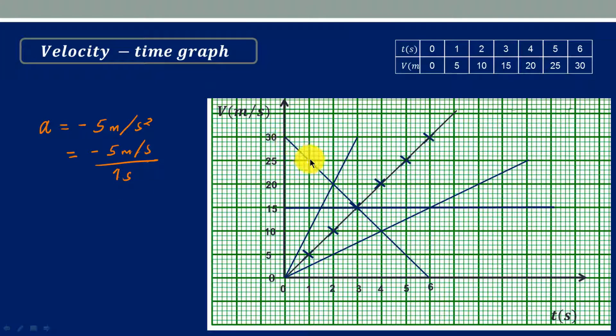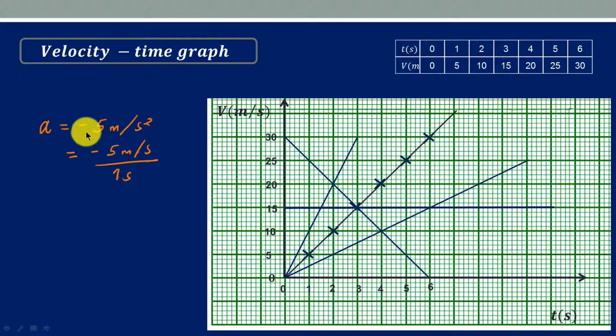If we were to get the gradient of this line, the first thing we will realize is that it has a negative sign. The gradient has a negative sign, and that means that the acceleration has a negative sign, and that further means that the velocity of the object is decreasing by a certain value every second.